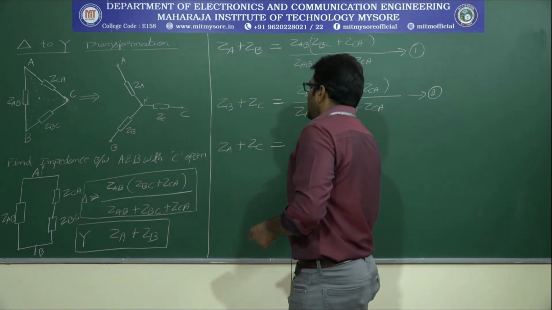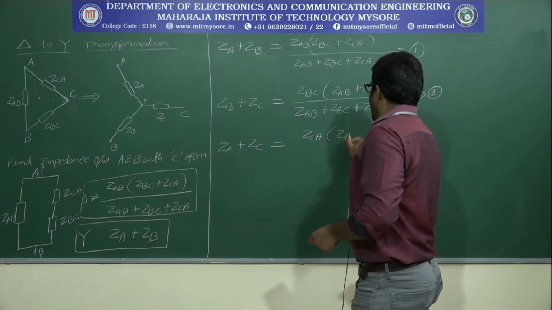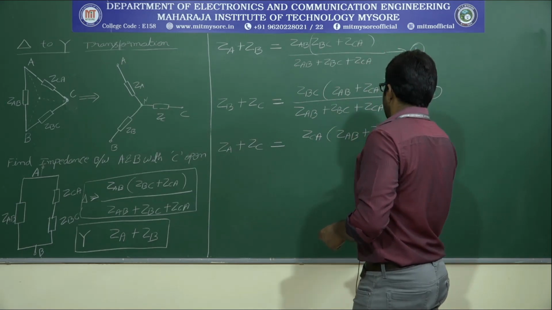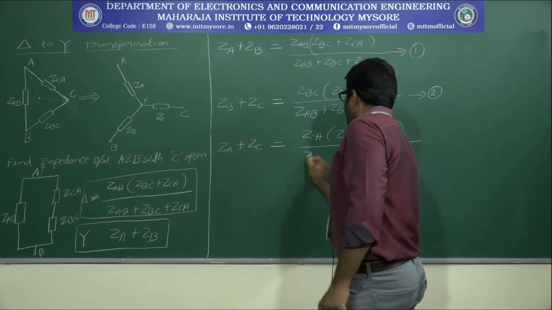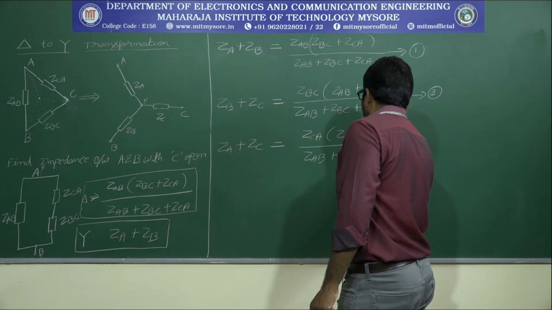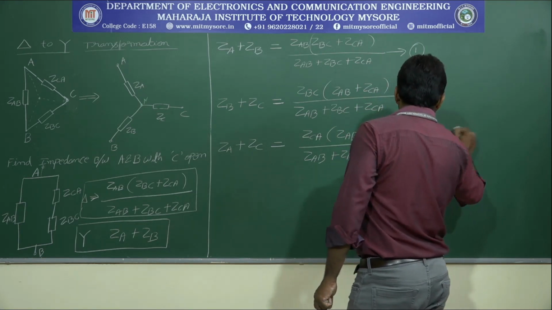So therefore, ZCA into (ZAB plus ZBC), whole divided by ZAB plus ZBC plus ZCA, and call this equation 3.